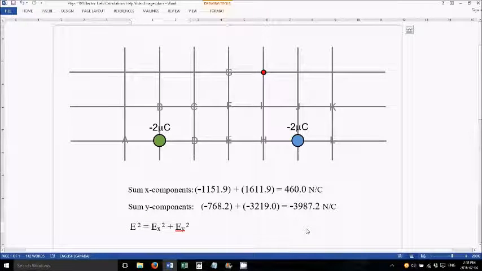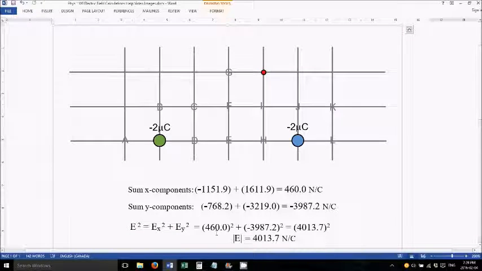So plugging in our numbers gives us 460 squared, that was our x component, plus negative 3,987.2 squared, and that gives us a final answer of 4,013.7 newtons per coulomb. So that's the magnitude of our total electric field due to both charges at the red dot. But we aren't quite done even still.